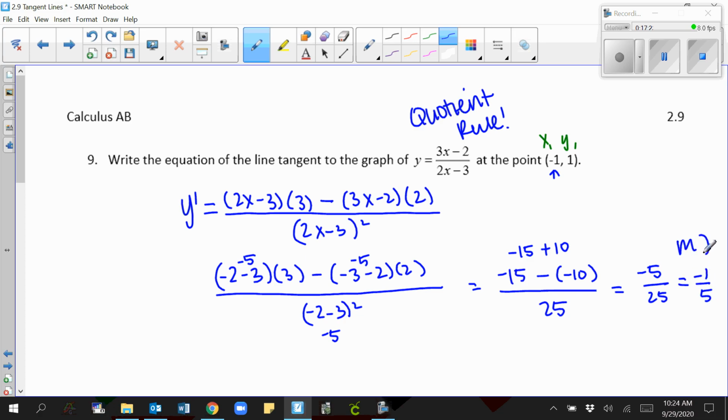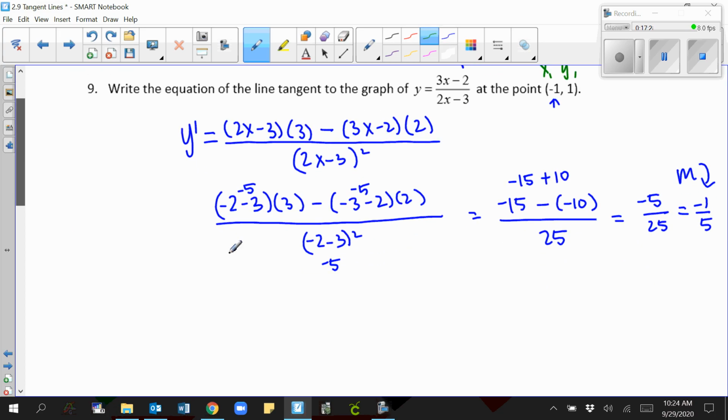So there's my m. I've got my x1, y1. So when I'm looking for y minus y1 is equal to m times x minus x1, I'm going to have y minus 1 is equal to -1/5 times (x plus 1), because minus -1 gives me a plus 1.